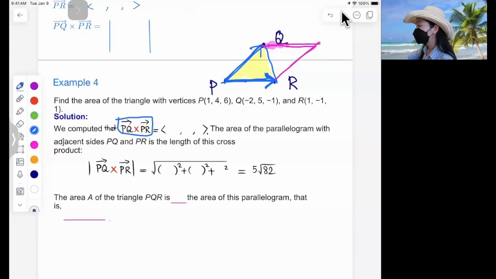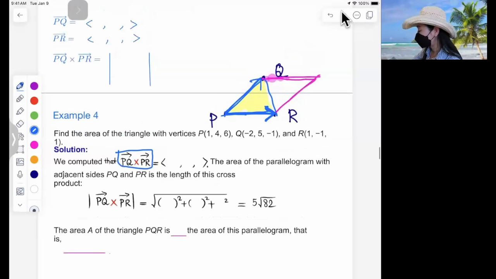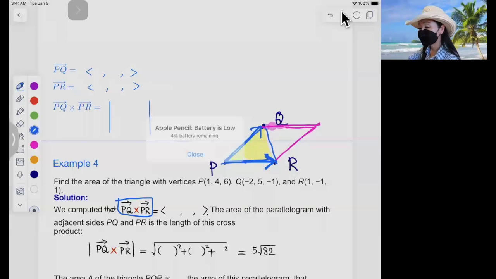So we're actually calculating this. Do you guys know how to find the cross product? But let's find PQ first. So what's PQ?